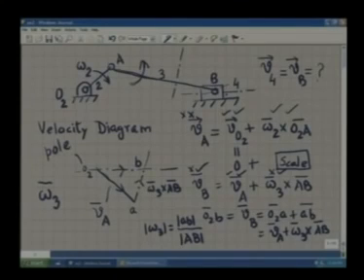It is a velocity pole of the diagram, and we should also notice that we are using capital letters in this configuration diagram or kinematic diagram, whereas we use small letters for the velocity diagram, and there is a correspondence: capital A, small a, capital B, small b, capital O2, small o2. And as we join all these points to the velocity pole, O2b represents the velocity of the point capital B, O2a represents the velocity of the point capital A.